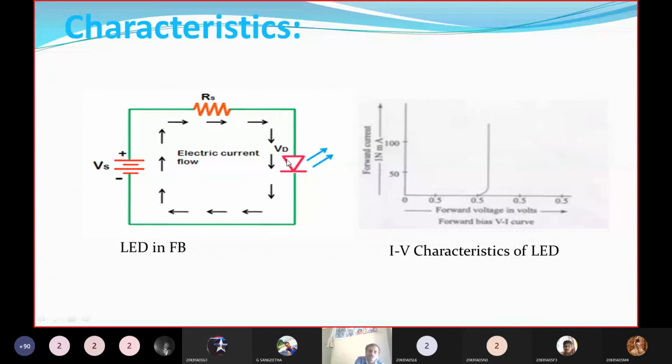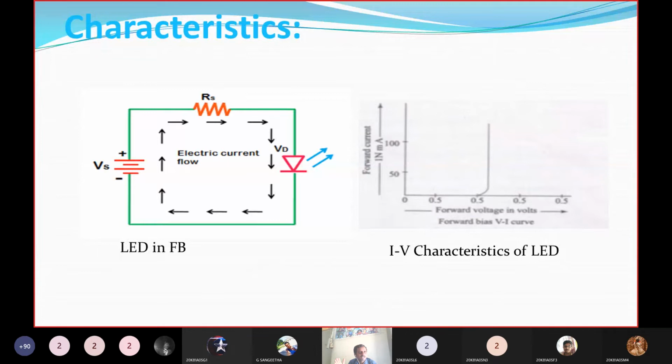Why are we using a resistor? We already know the diode characteristics. If the applied voltage is greater than the threshold voltage, the current will increase very drastically. In that situation, there is a chance of short circuit.